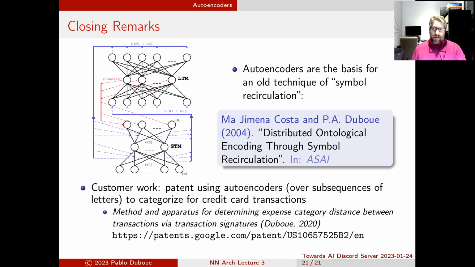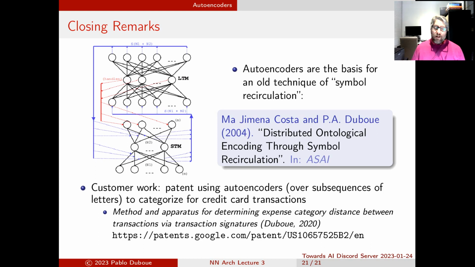In this technique, the idea is to encode a graph, a semantic graph, in such a way that each little symbol has a small network. They call them short-term memory networks, that receive a relation and give you back the distributed encoding for the node where you will land if you follow that relation in a graph.